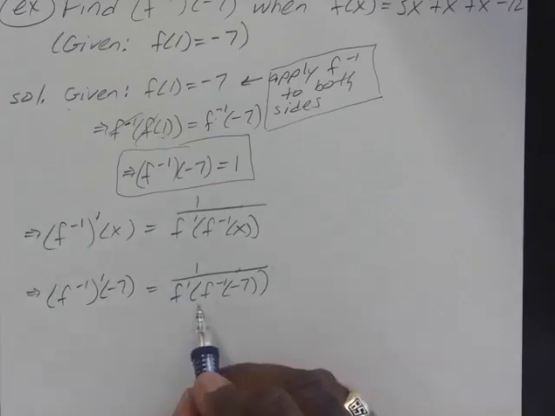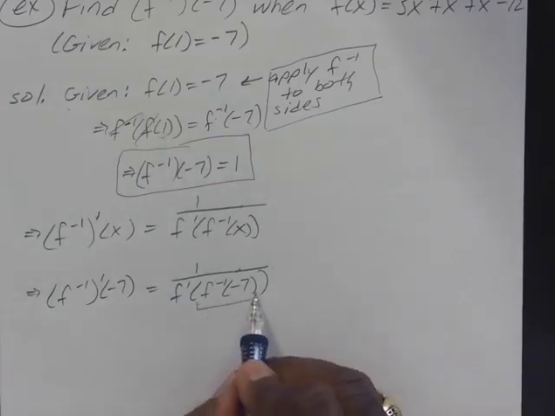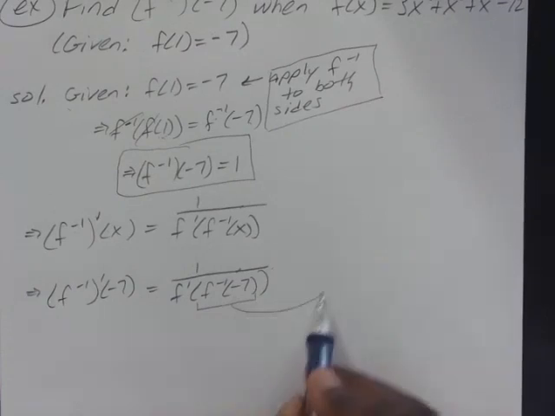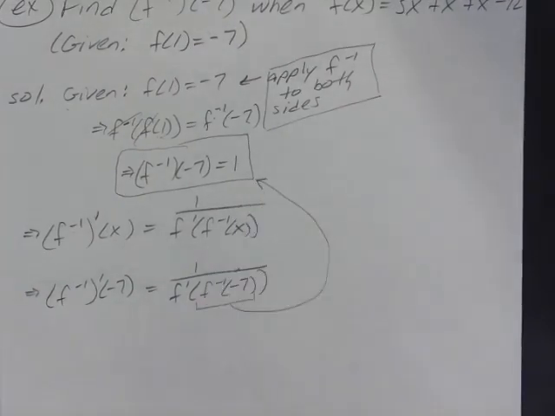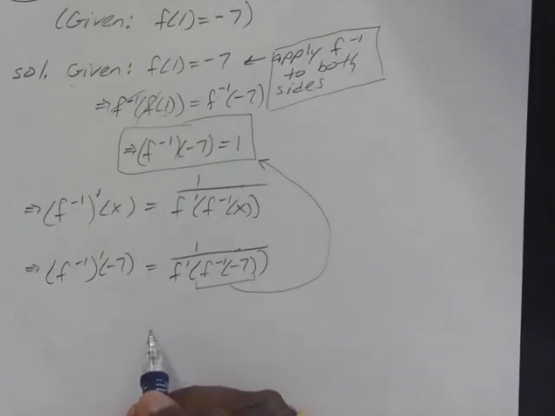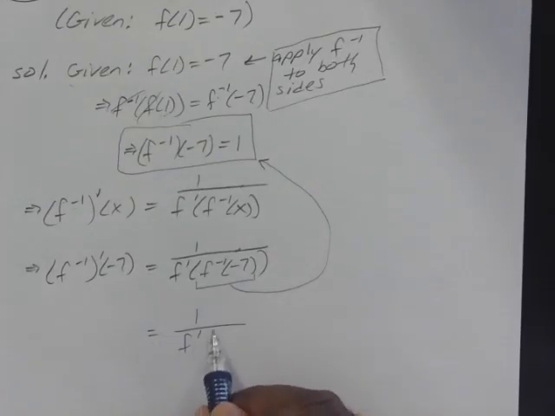Okay. So again, luckily, we know f inverse of negative 7. So we know that this is just equal to 1 divided by f prime, and that f inverse of negative 7, we just replace that with 1.